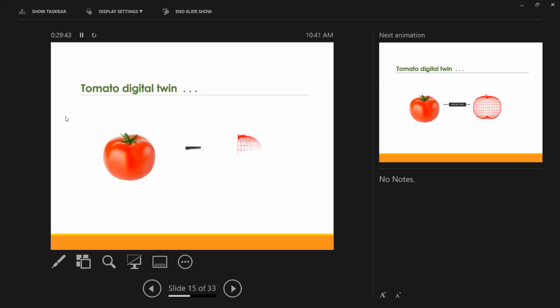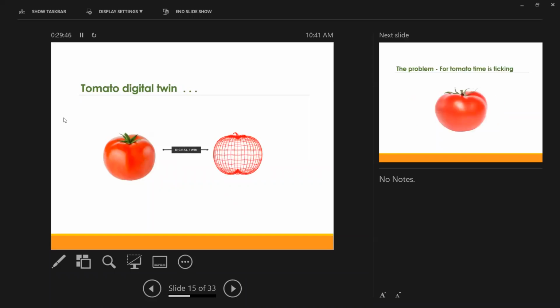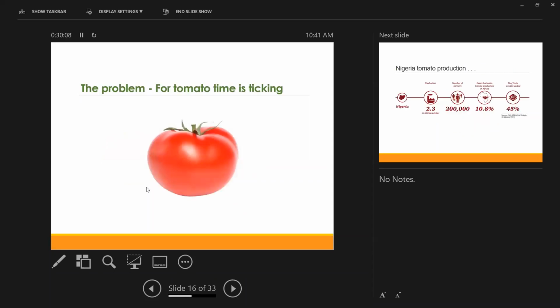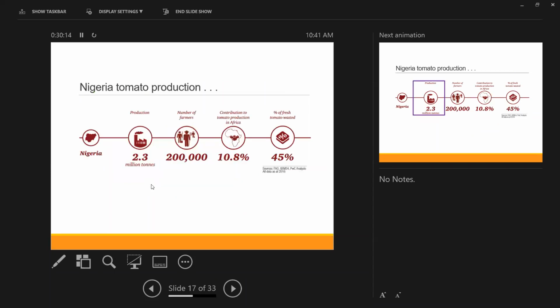So we were able to create the digital twin of tomatoes. We said, if we can create this digital twin, then we can do a lot of optimization on how to store tomatoes efficiently. I'm not going to go into detail of what we're doing in this field, but what we've been able to achieve was creating a digital twin of tomatoes. And I'm an African, I always want to solve problems in Nigeria. So Nigeria for me is very fundamental.